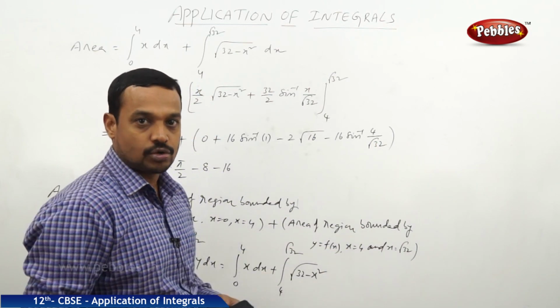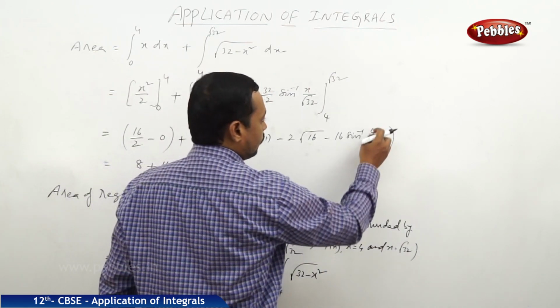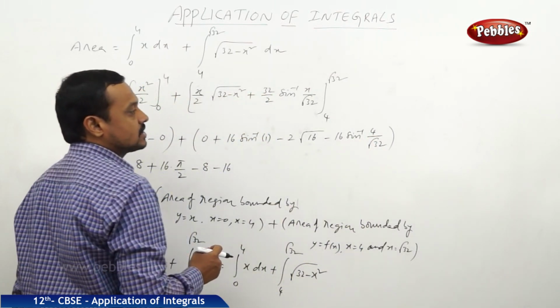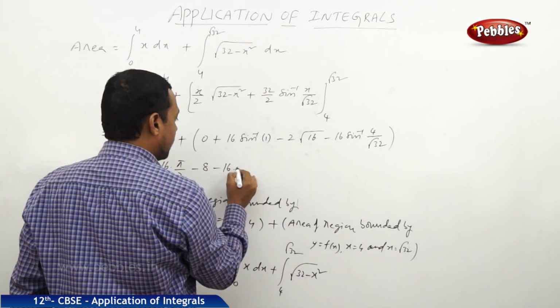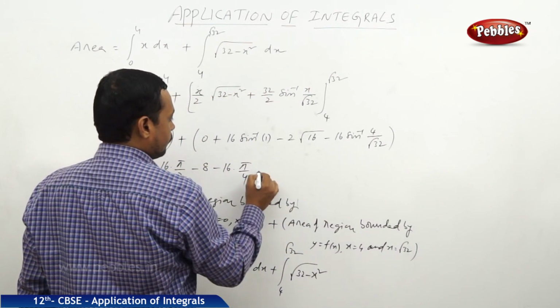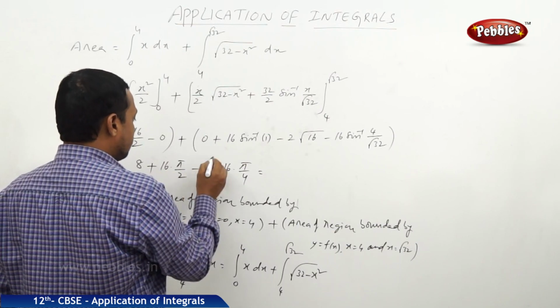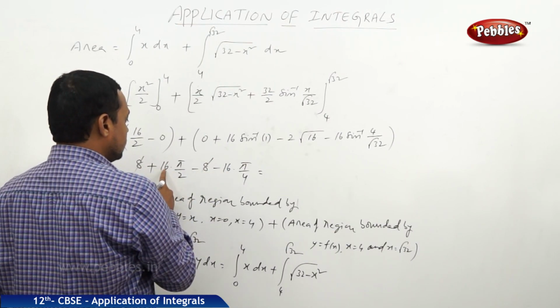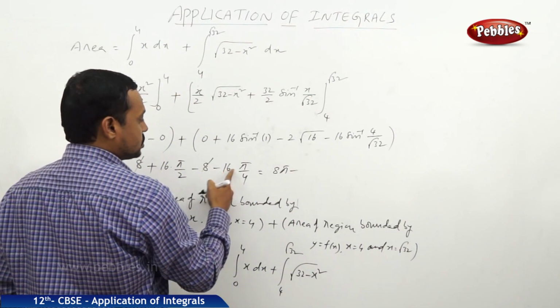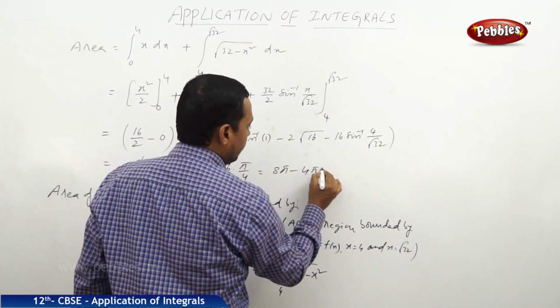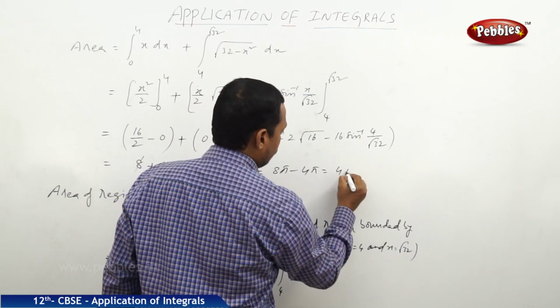But root 16 is equal to 4, 4 root 2. So that 4 gets cancelled and it becomes sin inverse 1 by root 2. We have sin inverse 1 by root 2 is equal to pi by 4. Now, it is minus 8 plus 8 gets cancelled. 16 pi by 2 is equal to 8 pi minus 16 pi by 4 is equal to 4 pi. 8 pi minus 4 pi is equal to 4 pi.